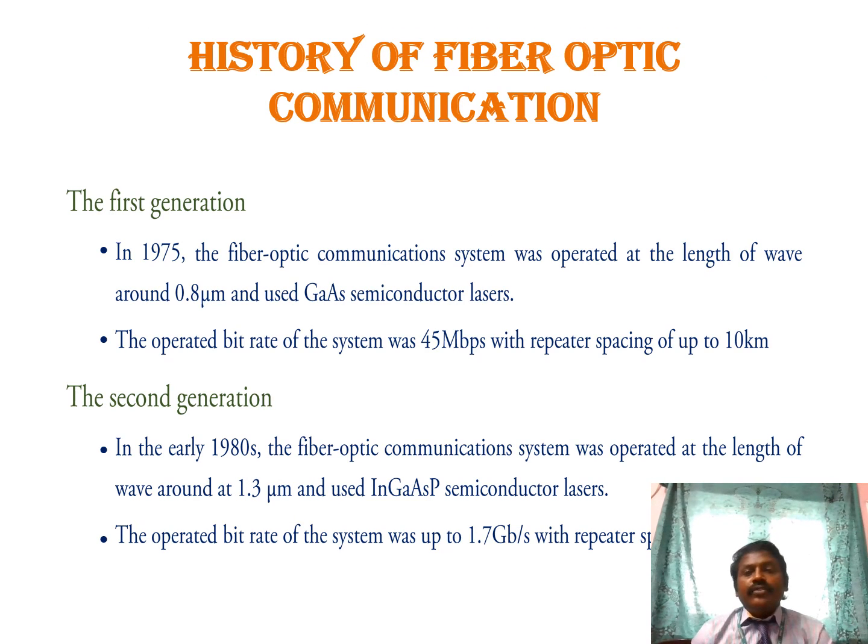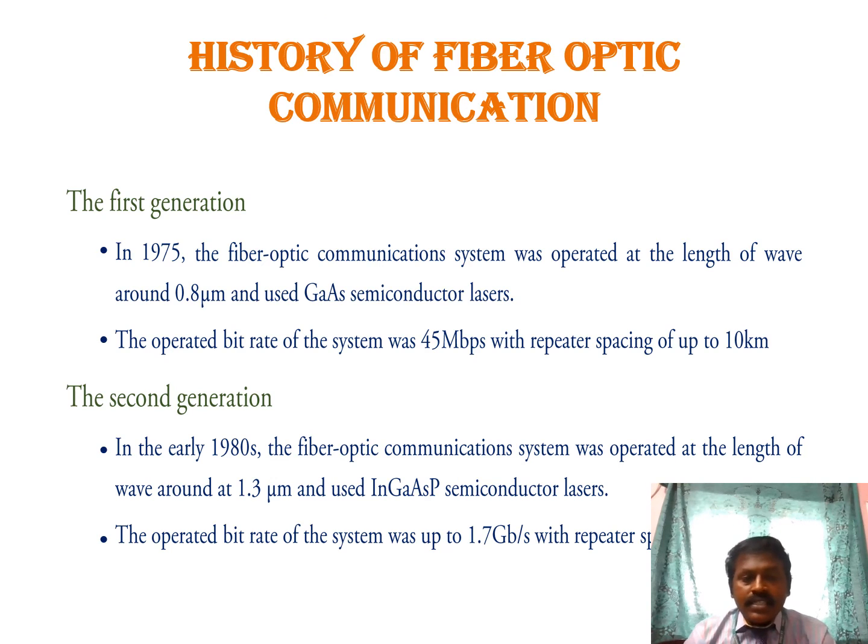Then the history of fiber optic communication. The first generation, during 1975, the fiber optic communication system was operated at a wavelength of around 0.8 micrometer and used a gallium arsenide semiconductor laser. The data rate was 45 megabits per second only, within 10 kilometers.